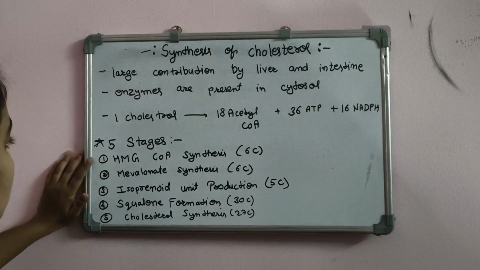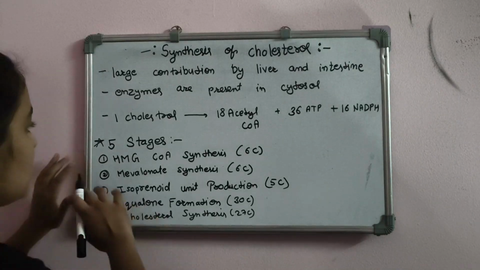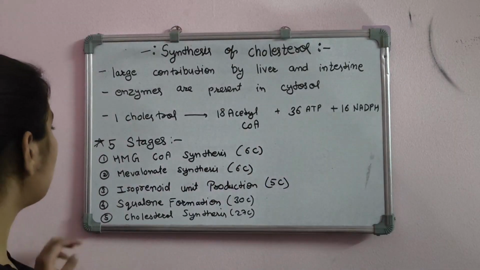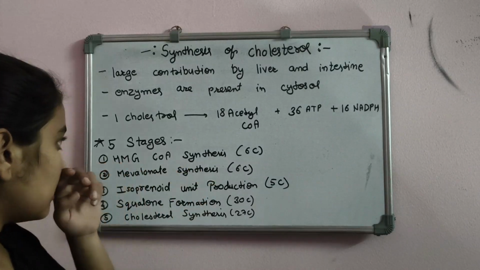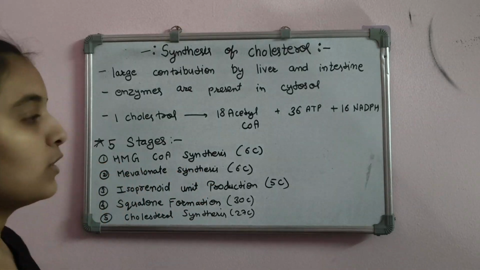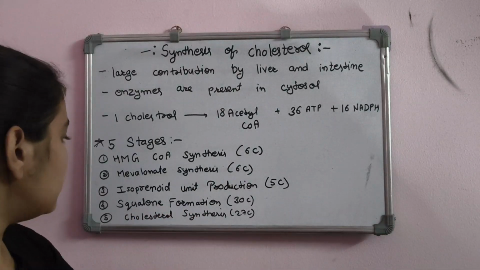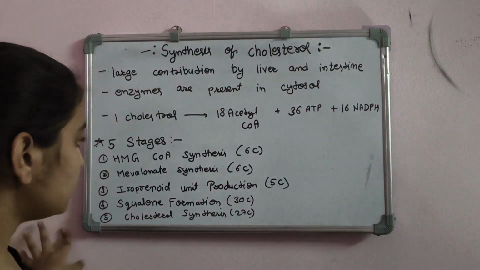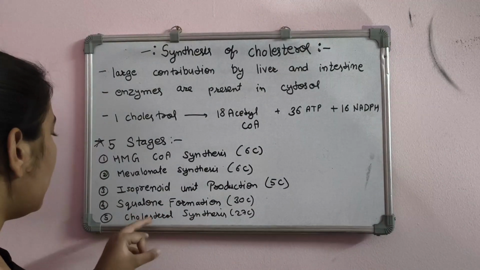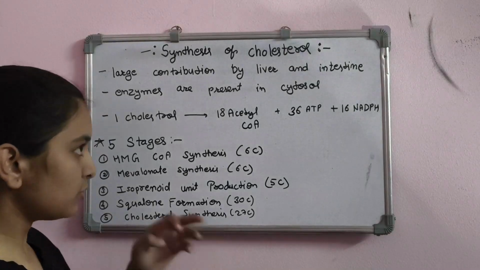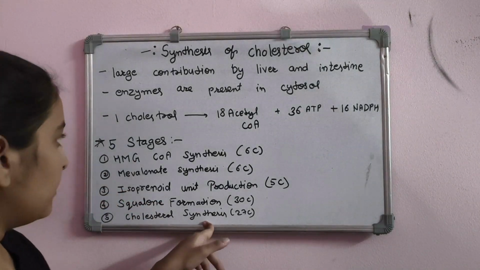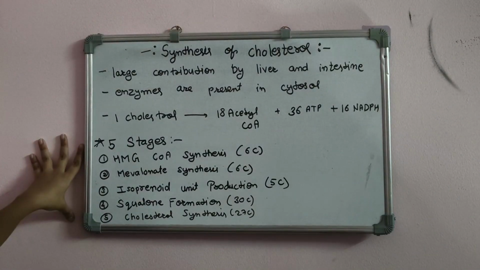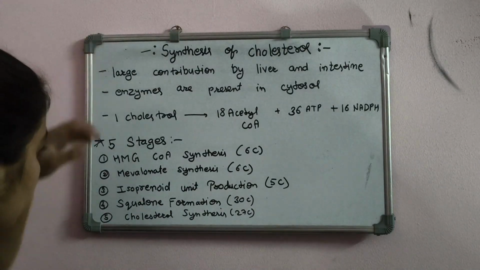First is HMG CoA synthesis; HMG CoA is a 6 carbon compound. Then mevalonate synthesis, which is 6 carbon. Then isoprenoid unit production; an isoprenoid unit is 5 carbon. Then squalene formation, and fifth is cholesterol synthesis, where squalene forms cholesterol in the last step. These are the 5 important stages of synthesis of cholesterol.